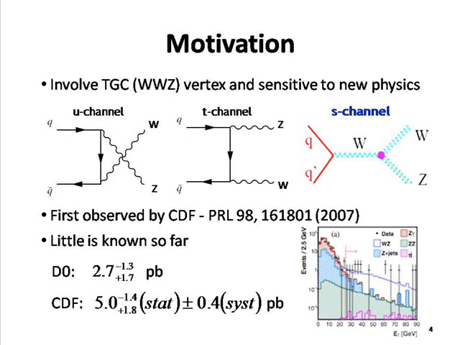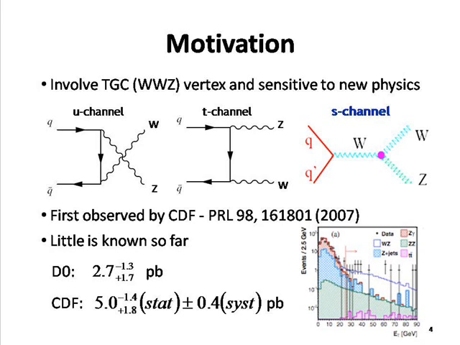Motivation here is why we want to do WZ analysis, why this is interesting. If you look at the three Feynman diagrams, these are WZ productions in standard model theory. The last diagram, which includes the WWZ vertex, is the triple gauge coupling vertex. This vertex is important because it's very sensitive to new physics.